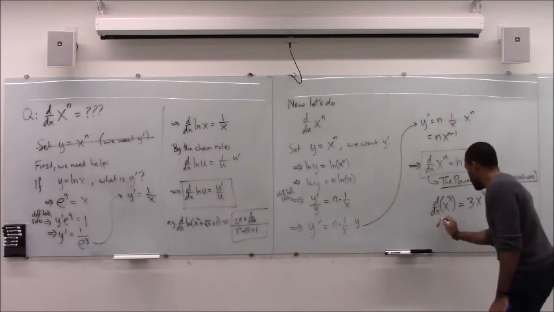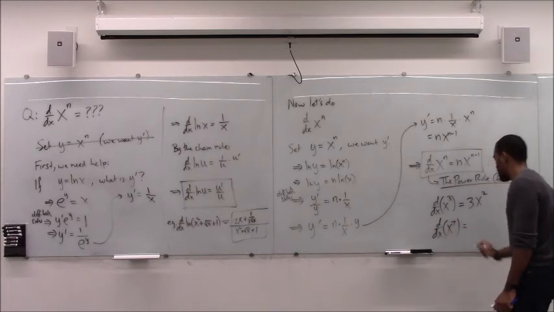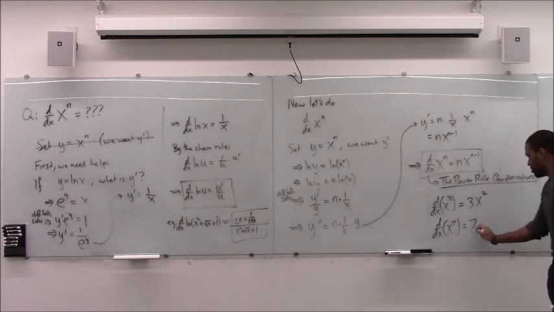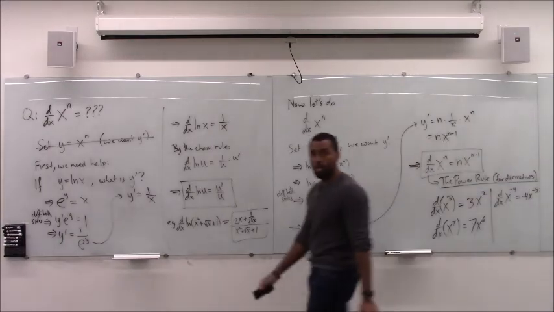Or if I had the derivative of x to the 7th, what is that? 7x to the 6th power. If I had the derivative of x to the minus 4, that's minus 4x to the minus 5. So now we know how to differentiate x to any constant power. This is called the power rule.